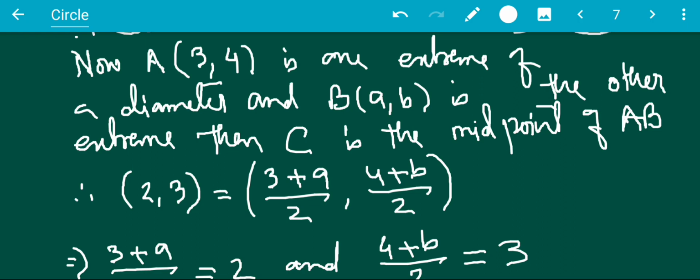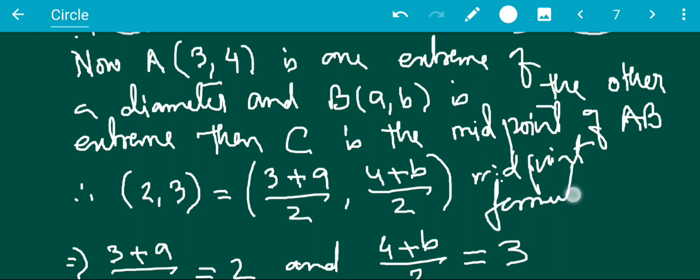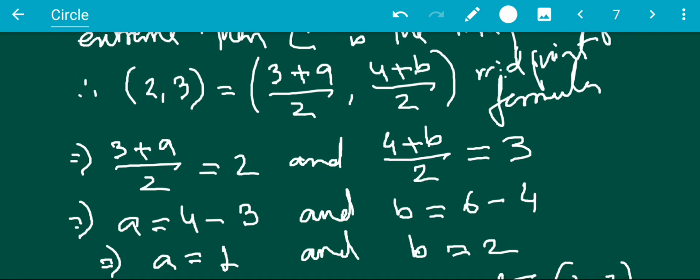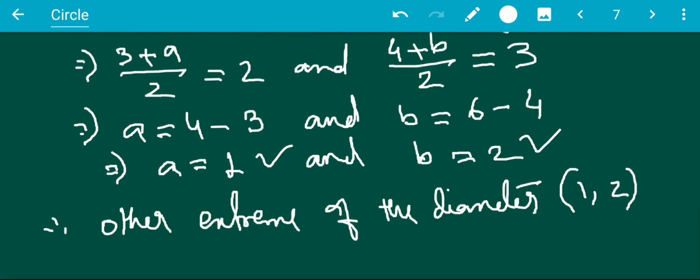C is the center for us. It means 2, 3 is equal to 3 plus A by 2 and 4 plus B by 2 from the midpoint formula. So computing this separately, you will find A equal to 1 and B equal to 2. So the other extreme of the diameter is 1, 2.